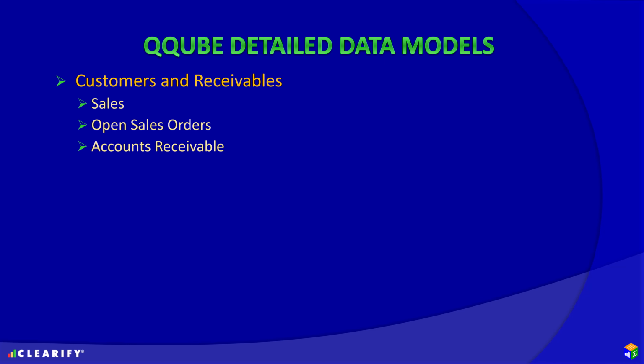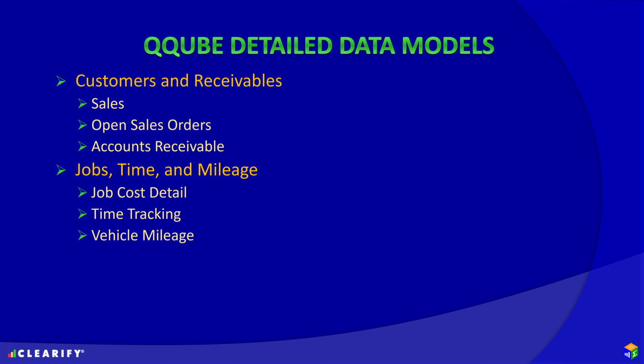Accounts receivable contains line level details. Jobs, time, and mileage, which is based upon items and also allows for balance sheet cost accruals. The job cost details also contains the information in the time tracking and vehicle mileage subdata models. Inventory contains not only inventory activity, but sales and purchasing history and consumption measures for assemblies.